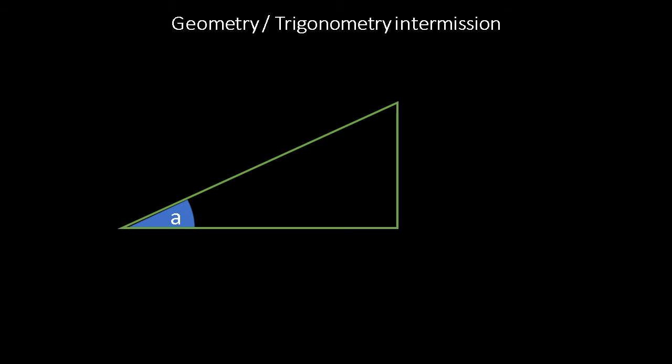If the hypotenuse of this triangle is 1, then the side facing angle A is the sine of the angle, and the adjacent side is the cosine of this angle. So we have here sine A cosine A equals the known value that we have. That's the area of twice this triangle.